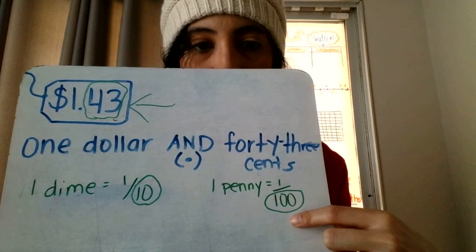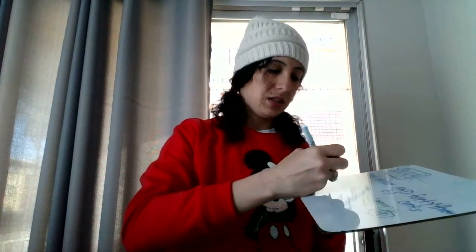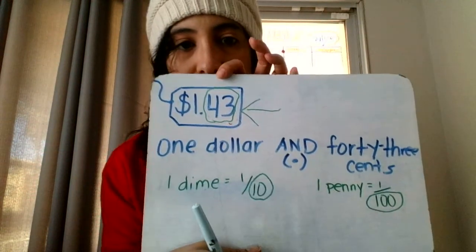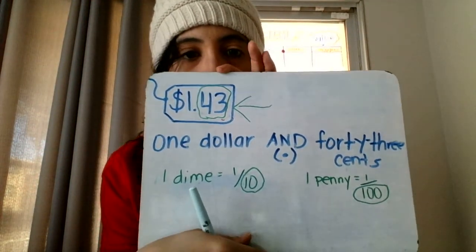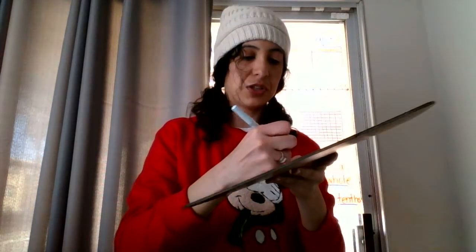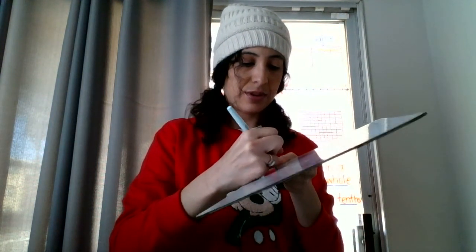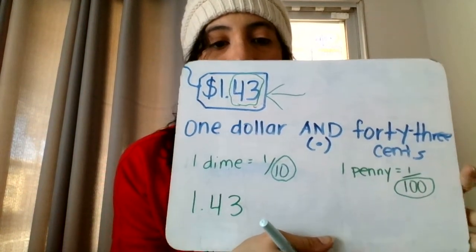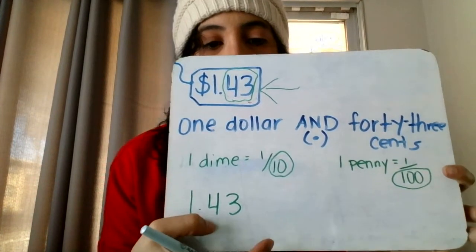Now, let's write 1.43 just as a decimal. I'm going to take away the dollar sign. It's going to look exactly the same without the dollar sign. Okay. How would I write this as a fraction?